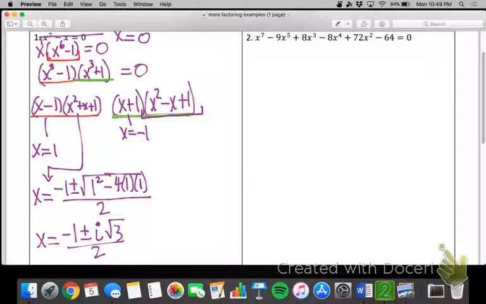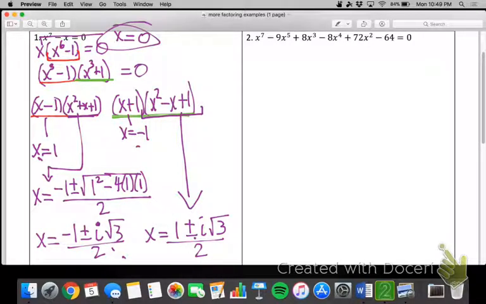And then notice this is actually the same as the one over here, but with a plus x instead of a minus x. So if you do the quadratic formula, it comes out to the same answer but with a positive 1. So we have 1, 2, 3, 4, 5, 6, 7 answers to our original degree 7 polynomial.